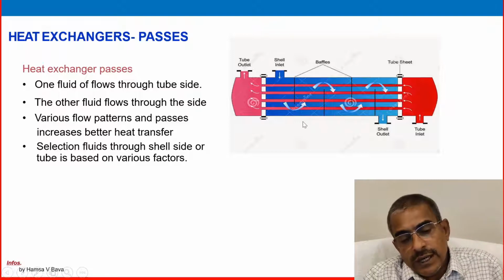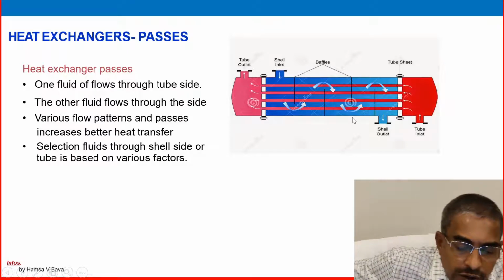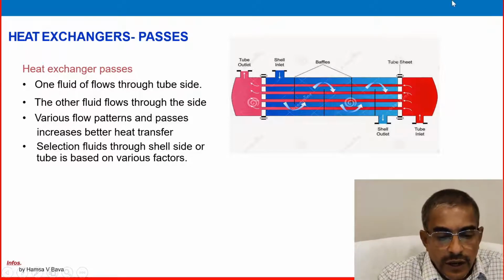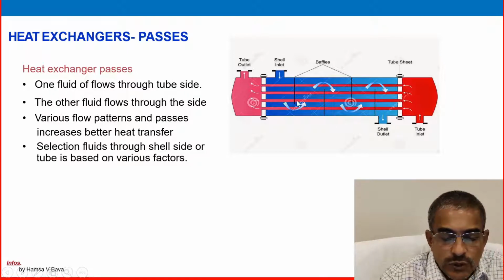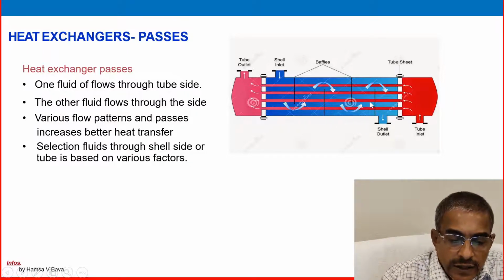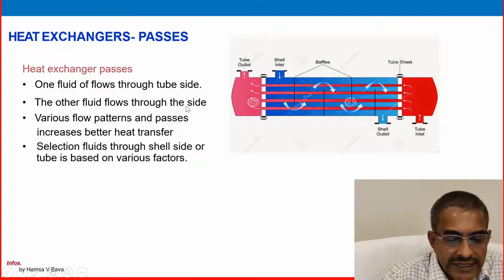Now, for efficient operation of the heat exchanger, we use a number of passes through the tube side and shell side for better efficiency. Let us see what the passes are. In heat exchanger passes, one fluid flows through the tube side and the other fluid flows through the shell side. Various flow patterns and passes increase the heat transfer.